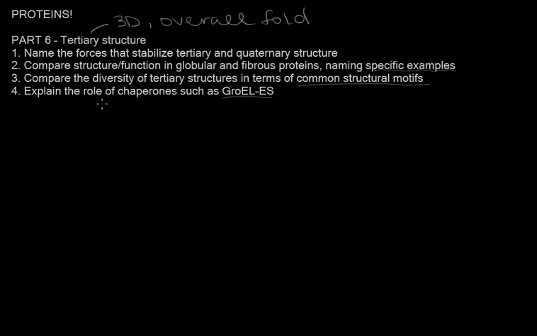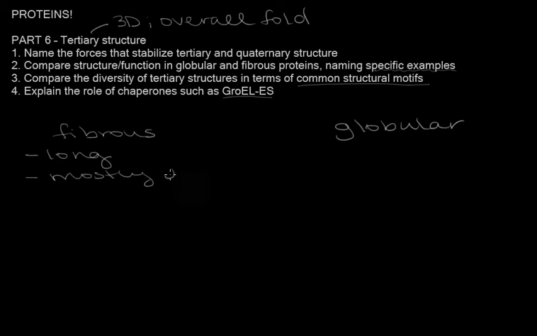Okay, first off, there's two main classes of tertiary structure: the fibrous and the globular. The fibrous has really defined secondary structure, and its tertiary structure, its 3D shape, is going to be long, sort of elongated, and a lot of times it could be mostly alpha helical or beta strands or beta sheets together.